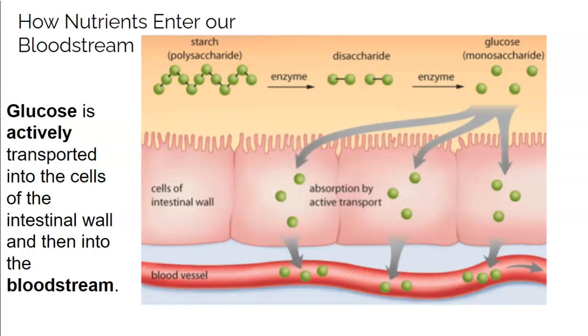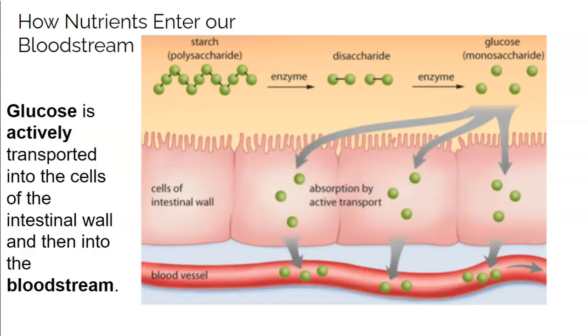So as your digested food passes through the rest of your small intestine, you have these little tiny villi or little finger-like projections that are covering the intestinal wall cells. So this is the intestinal wall, the small intestine. And it's like it's grabbing. Think of your fingers grabbing things.